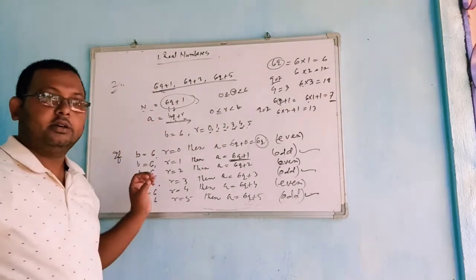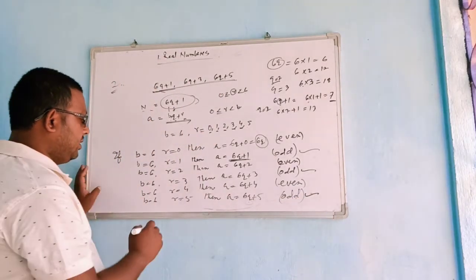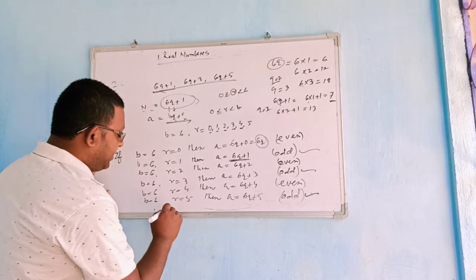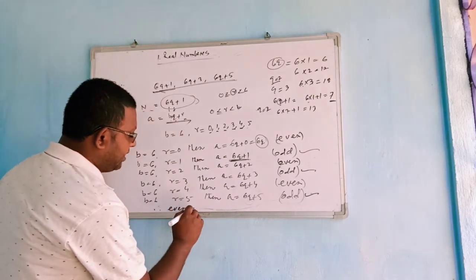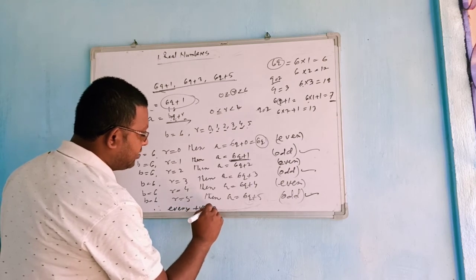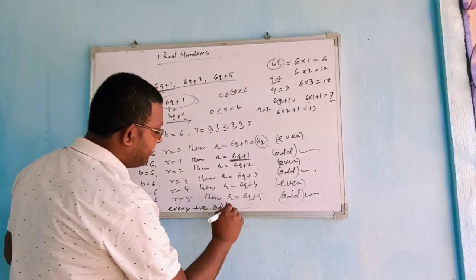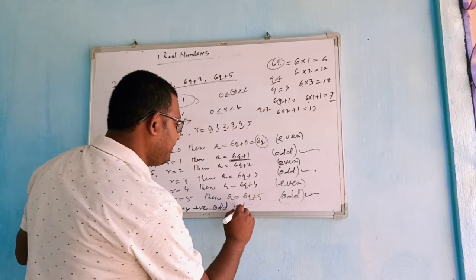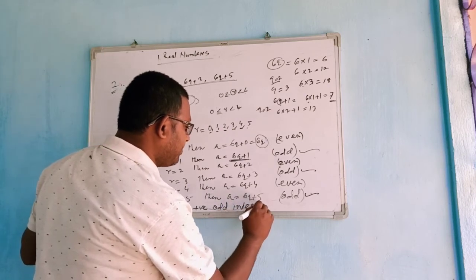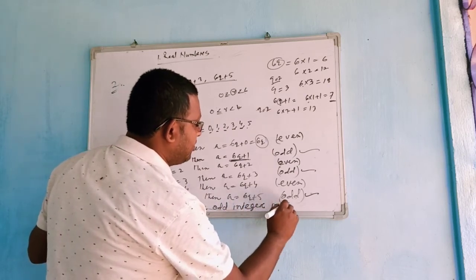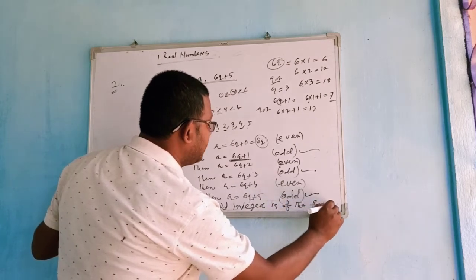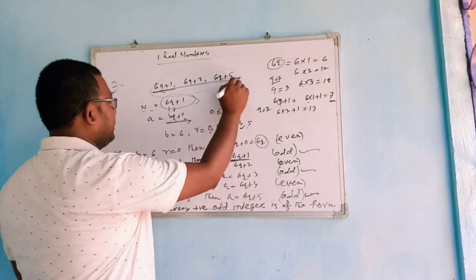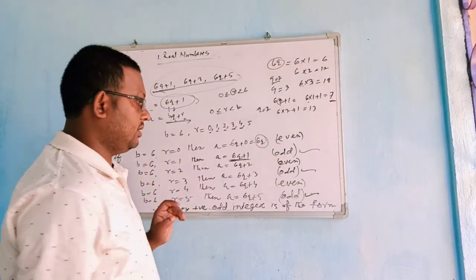We have shown this. Therefore we can write that every positive odd integer is of the form as mentioned in your question.